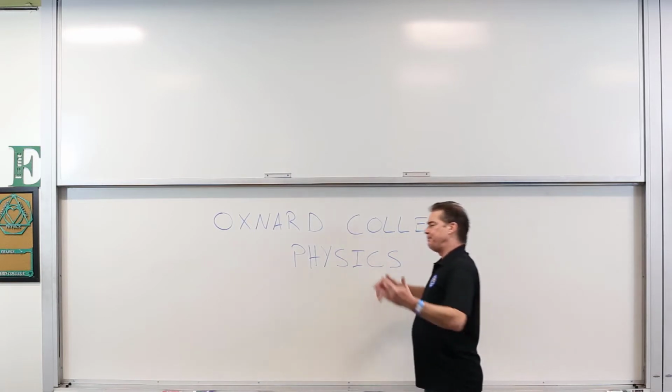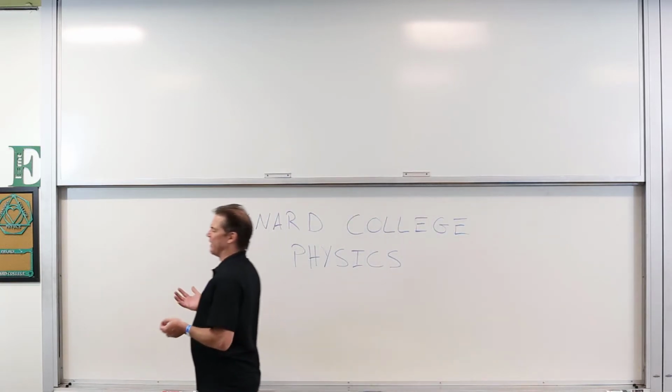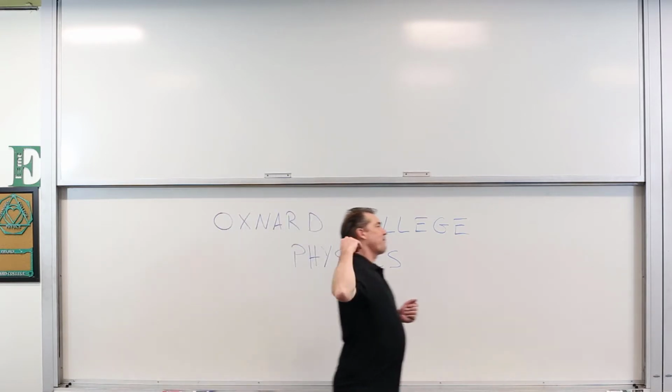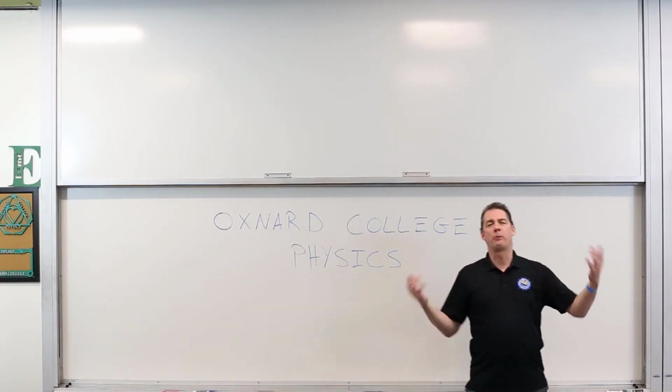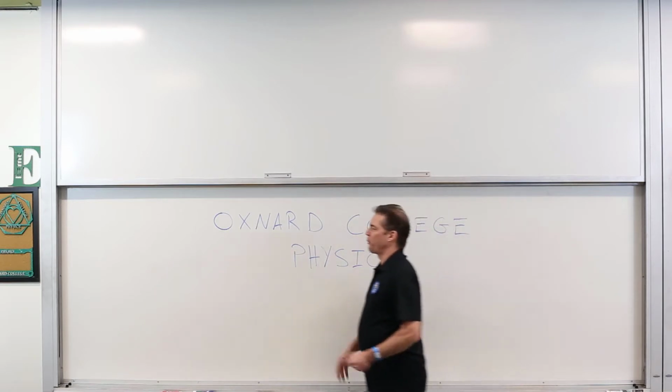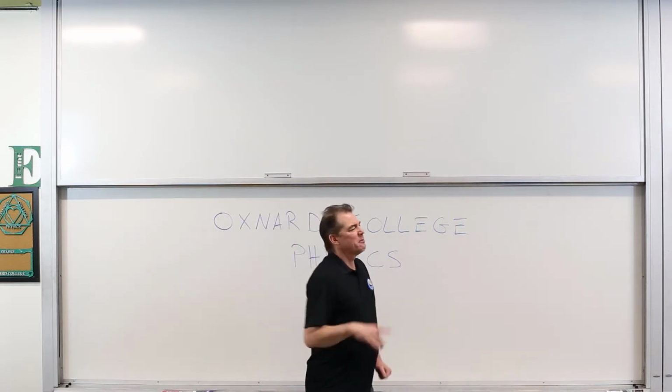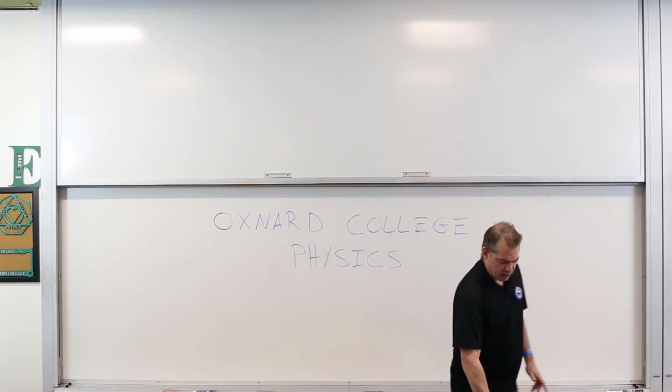So ultimately, what do we need for sound? We need some sort of media for the wave to travel through. And typically we're dealing with air. Sound can travel through other gases and other solids and liquids, but we're going to mostly deal with air here, so sound traveling through air.